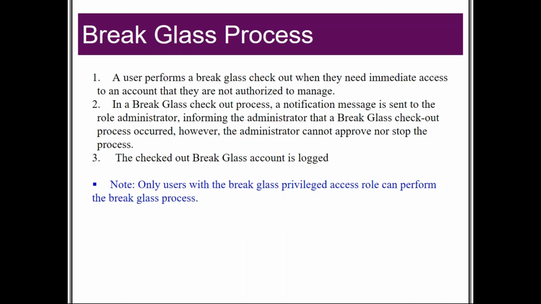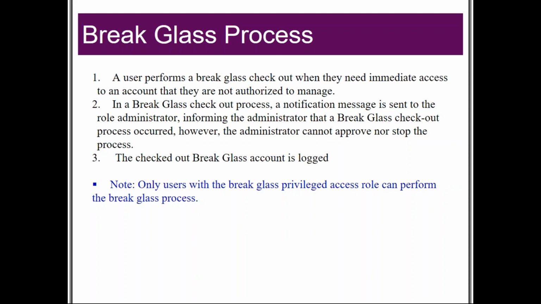But I'm going to want to have a notification message sent out to the administrator. And that's going to inform the administrator that that break glass checkout process has occurred. Now, the administrator cannot approve it, and they don't have the authority to stop it and say, no, no, no, don't do that.